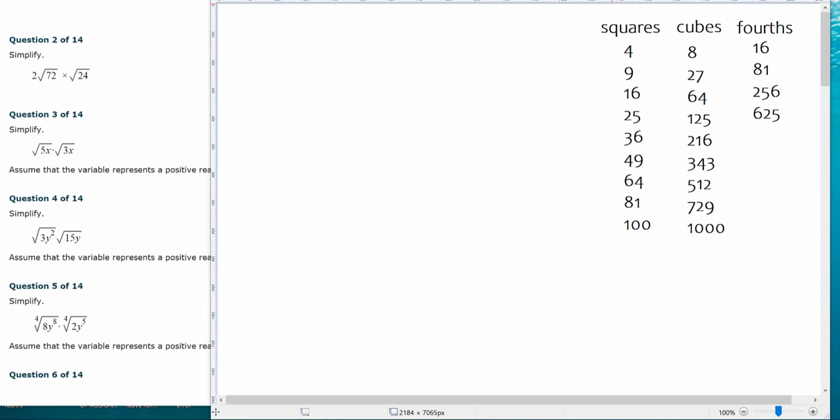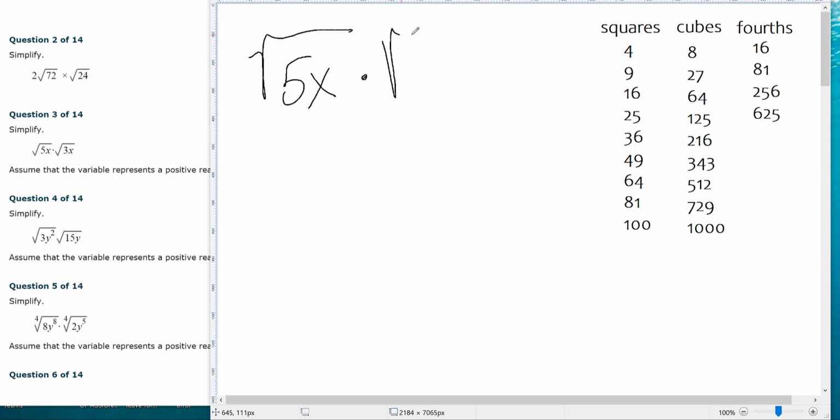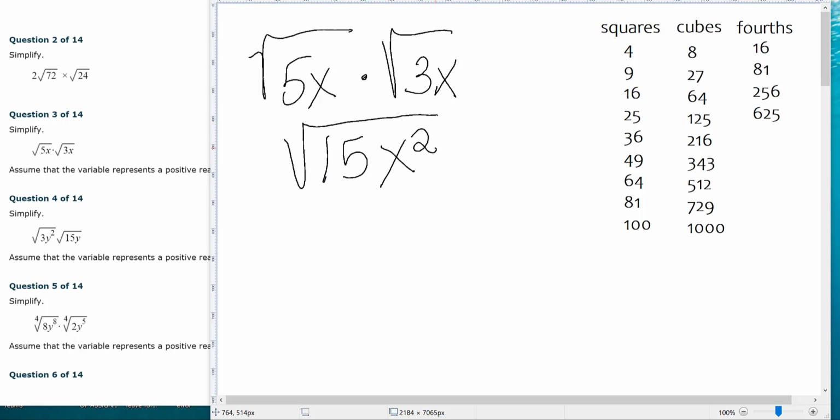Number 3, the square root of 5x times the square root of 3x becomes the square root of 15x squared. I look in my square list. There is no number in this list that will divide evenly into 15, but x squared can be written x times x. So x squared is a perfect square.